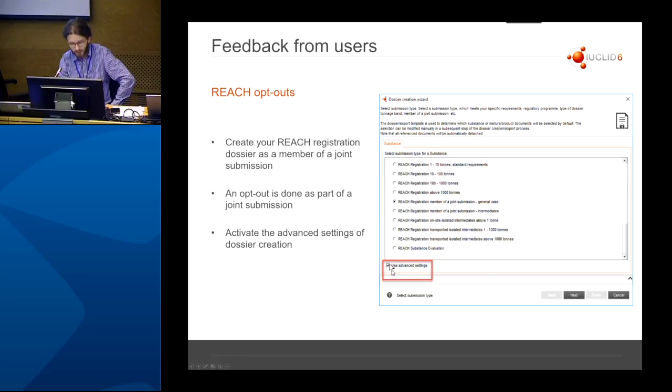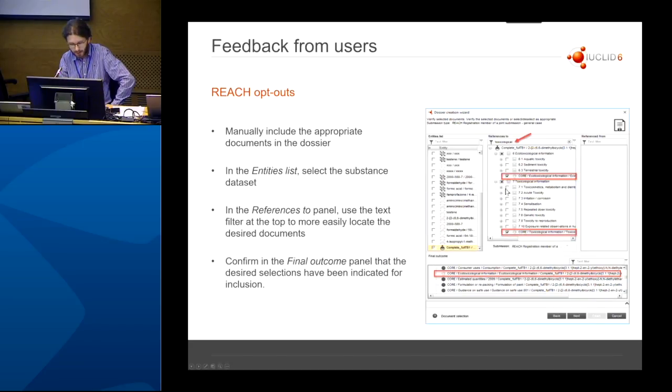But if you want to see that, you can click on Advanced Settings, and you will see at this step that it's automatically included in your dossier because you indicated that you wanted to opt it out, which means that you need to provide the information. So that's how it works in Euclid.